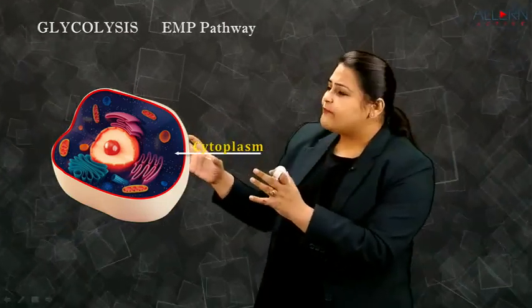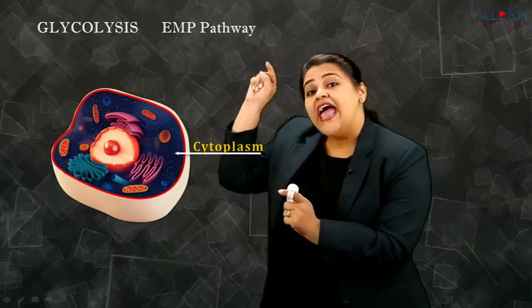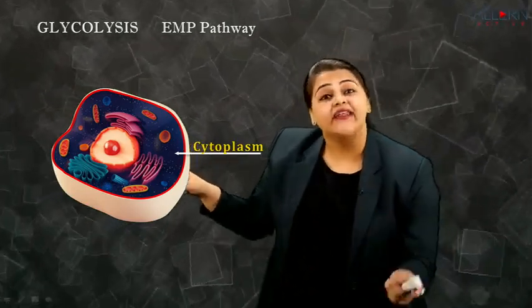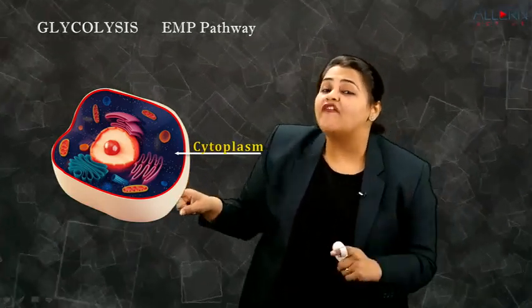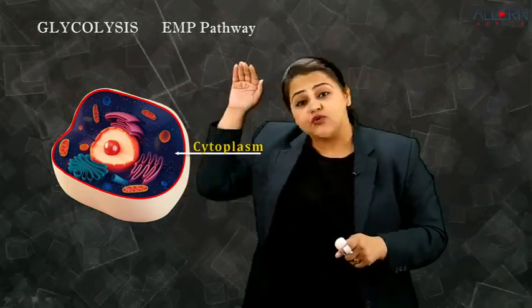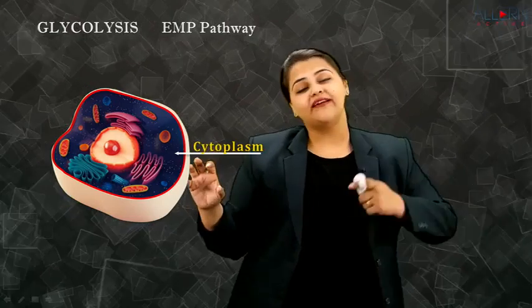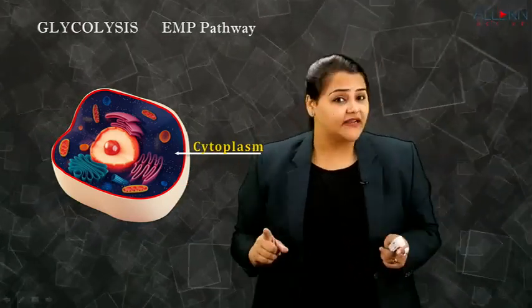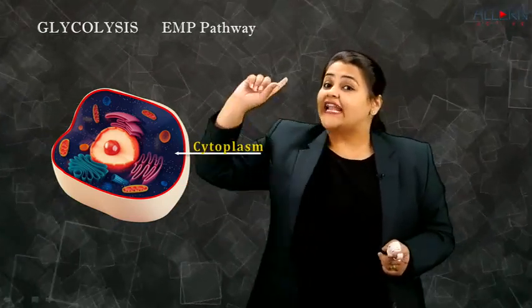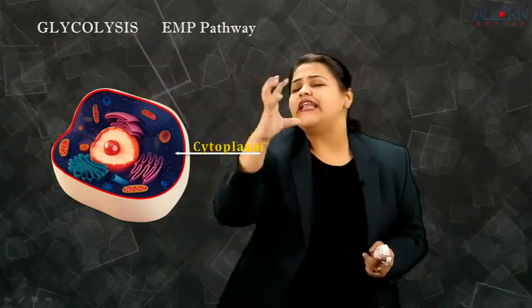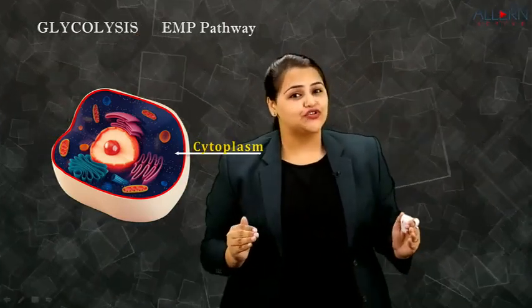And this liquid portion of the cell is the very place wherein your glucose, your fatty acids and your proteins, your amino acids, will be present and they will interact with the oxygen. But the thing is that glycolysis is only and only specific to glucose.